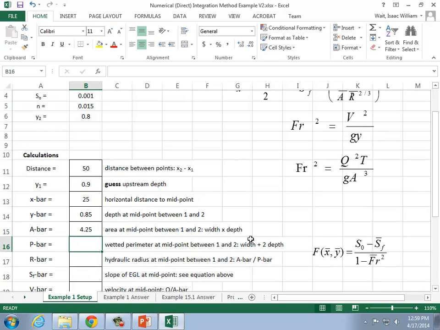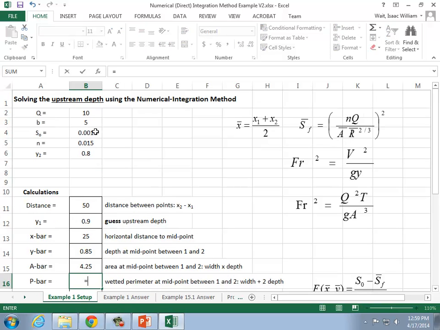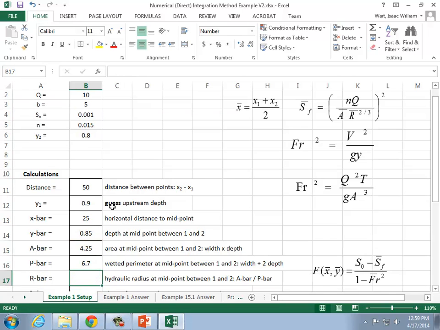Okay, wetted perimeter, you can see I'm saying here that it's width plus 2 times the depth. So width of the channel is 5 plus 2 times the guess depth at the midpoint. Okay, so we've got the wetted perimeter. Hydraulic radius at the midpoint is going to be area divided by the wetted perimeter.